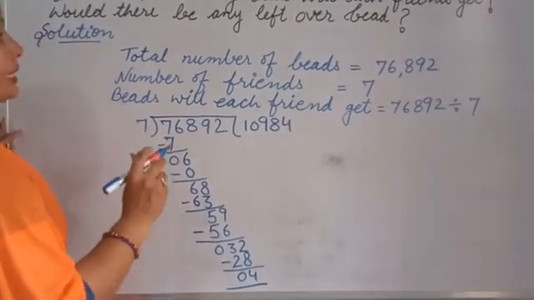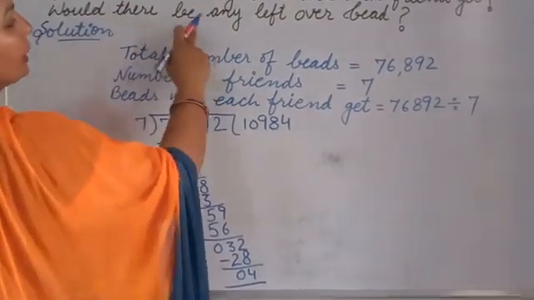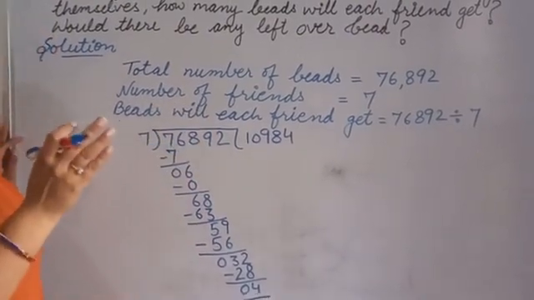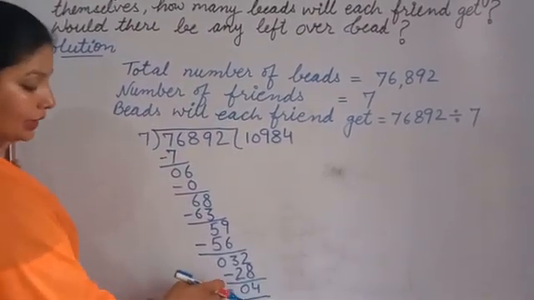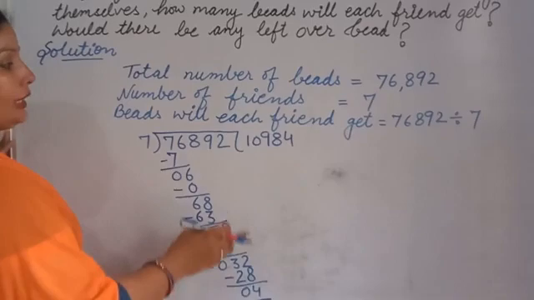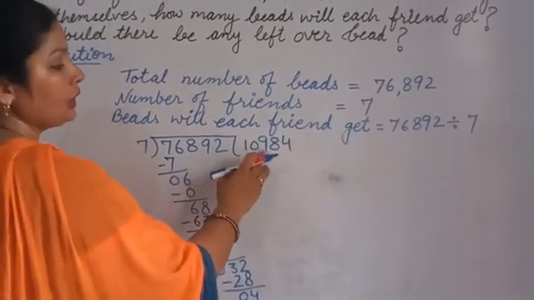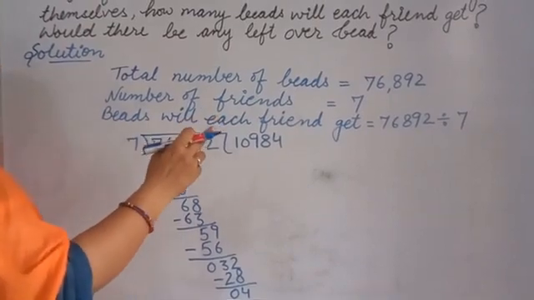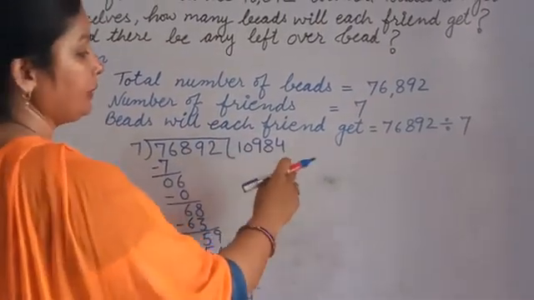So here it is asking, would there be any leftover bits? Any leftover means some bits will remain. So yes, how many bits are left? 4 bits. And each friend gets 10,984 bits.